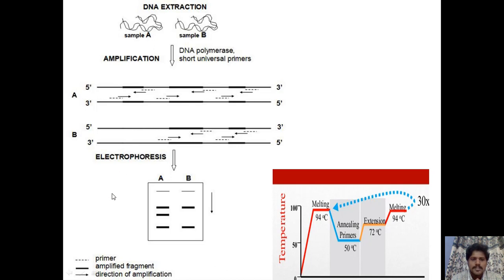If you observe lane A, representing sample A, we have 3 bands, whereas in lane B, representing sample B, we have only 2 bands. There is an absence of the second band which was observed in sample A. In this way we can differentiate these two samples of DNA.